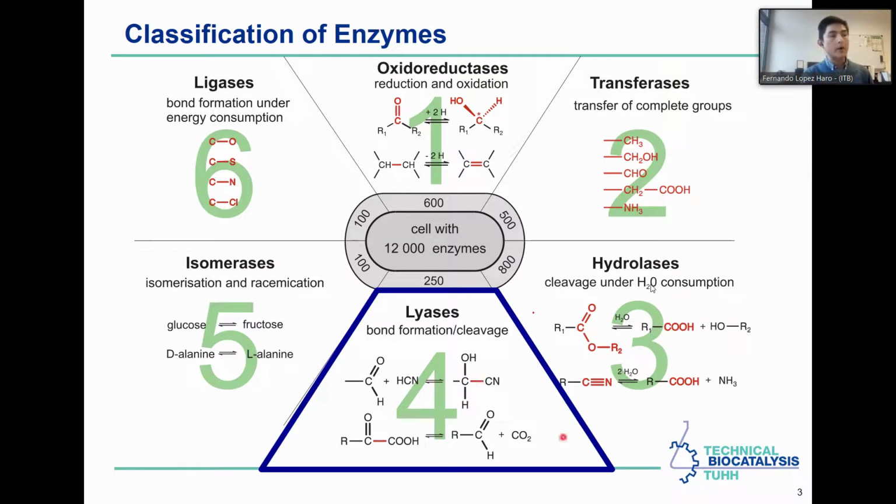If you remember going back to oxidoreductases, you have the case where two substrates create two products, and this is a very, very consistent difference that we see among enzymes. Lyases are characterized by that.